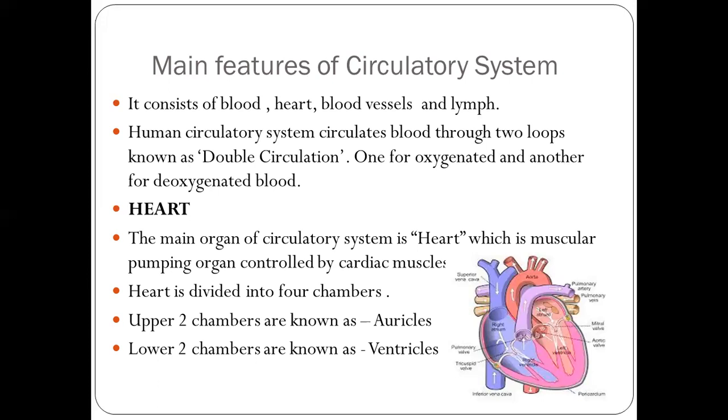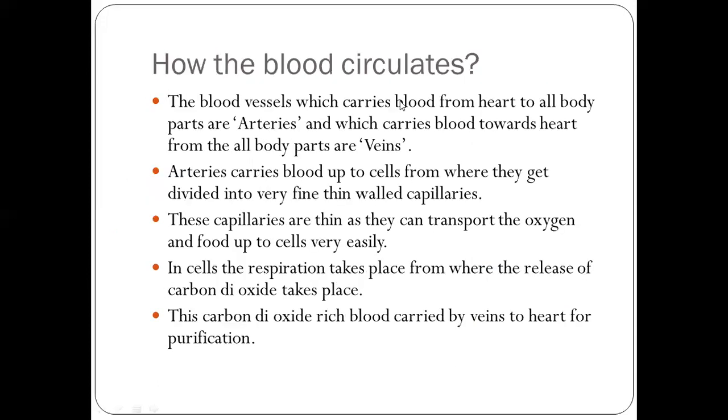Full functioning of the heart is controlled by the cardiac muscles, and there is no need of any nerve impulse to control the functioning of the heart. Because of this phenomenon we can practice heart transplantation also. So the human heart is very important for the functioning of our body.